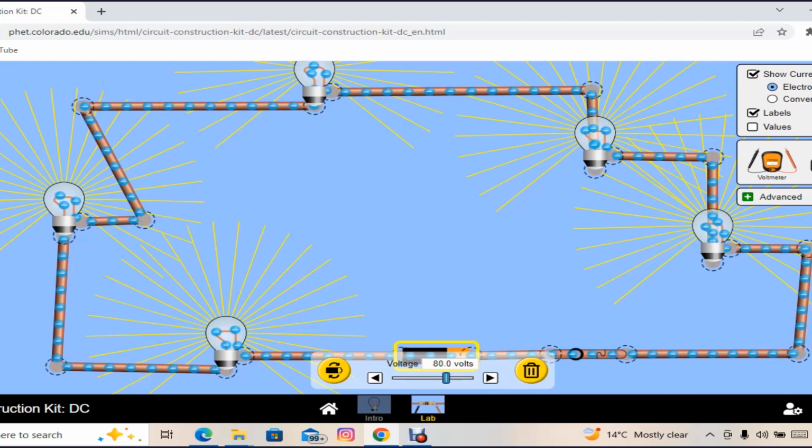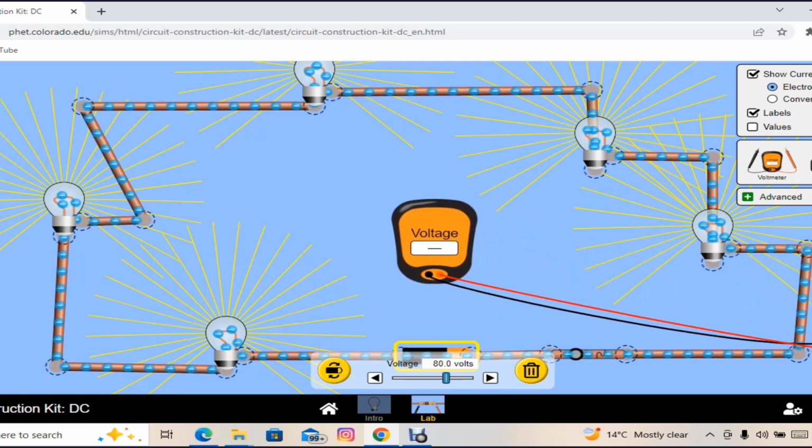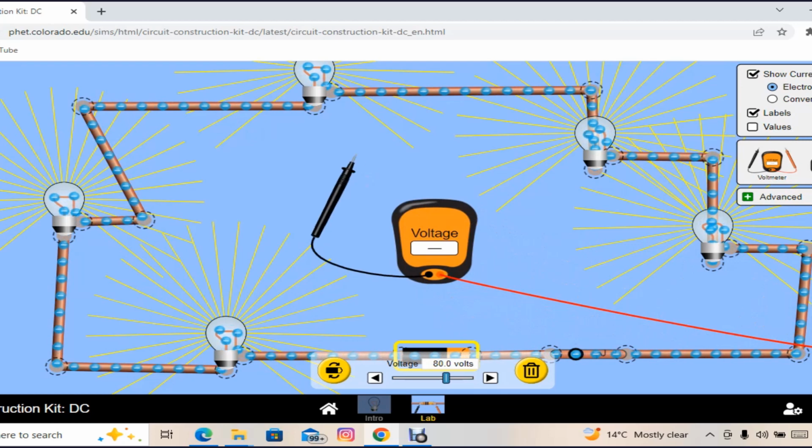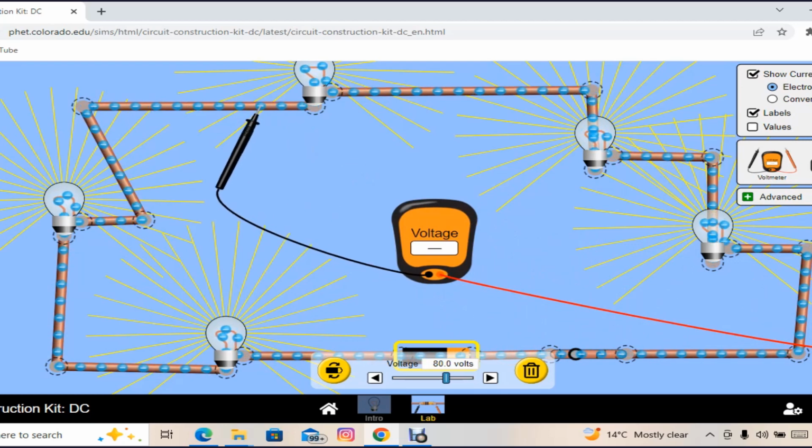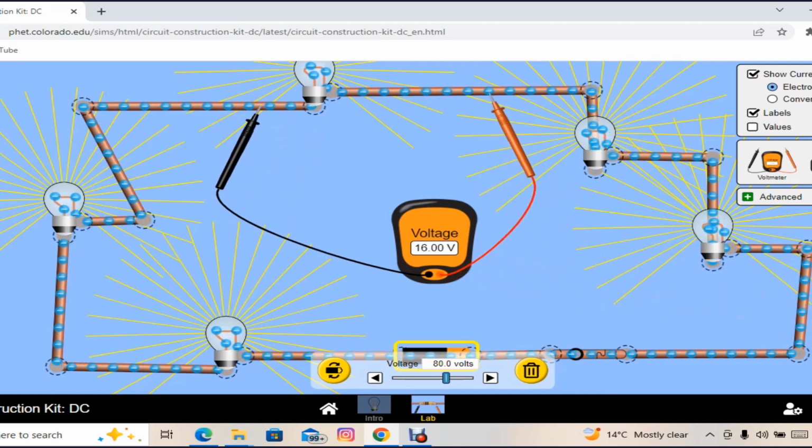So now let us find out what our new voltage is amongst the households, which are represented by the light bulbs. As we can see, now it's no longer 20 volts per household, but it is 16. The reason being, Eskom can only provide us with 80 volts, and each household needs 20 volts. So now this is where we implement load shedding.